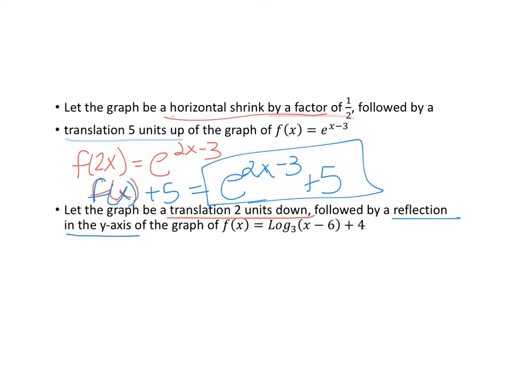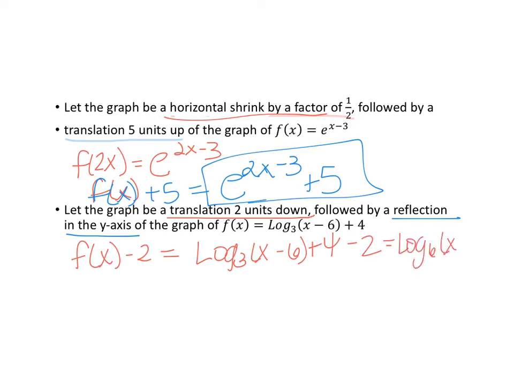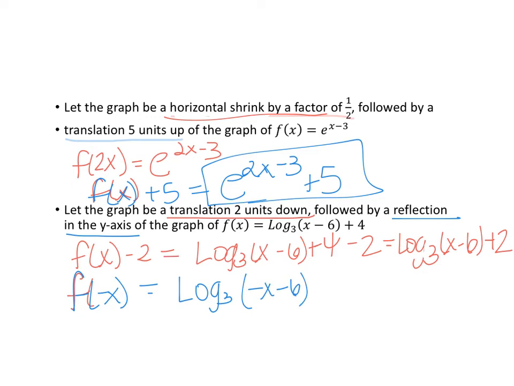So 2 units down is f of x minus 2, which is log base 3 of x minus 6 plus 4, and then minus 2, which is log base 3 of x minus 6 plus 2. And then a reflection in the y-axis is f of negative x. So log base 3 of negative x minus 6 plus 2.